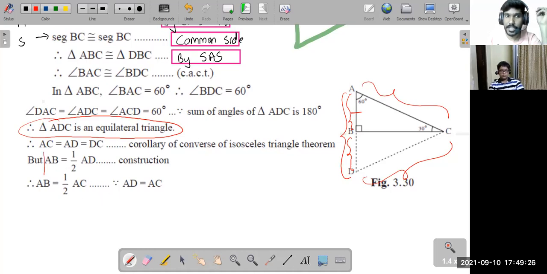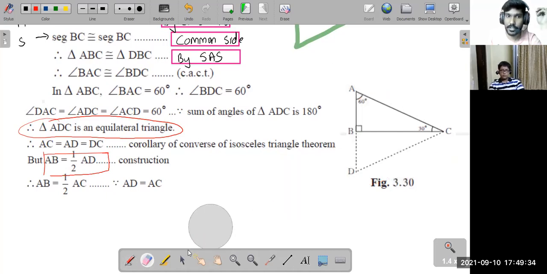So AB will be half of AD. Did you understand this line? Why is AB half of AD? Because of construction.